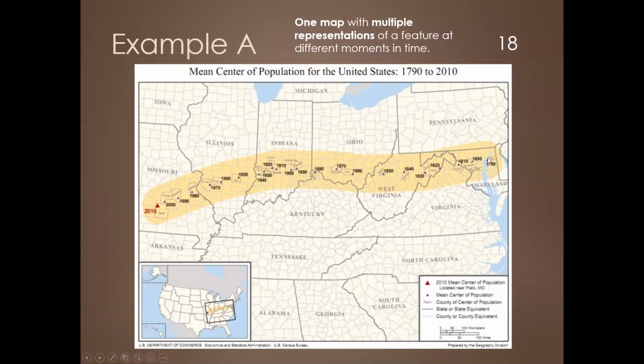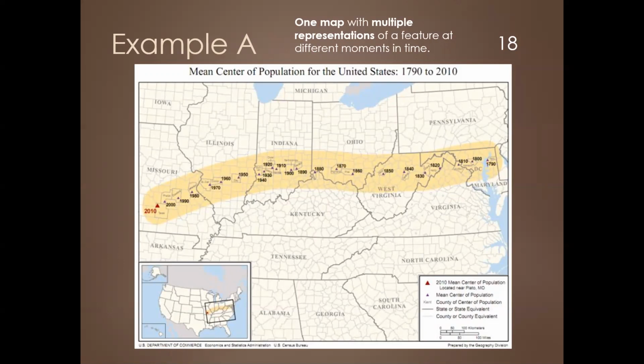For example, this triangle is addressing the mean center of population of US in 1790, then 1800, 1810, 1820, until 2010. Okay, you can see that this mean center of population is moving west, which means that more and more people are moving west in this country.